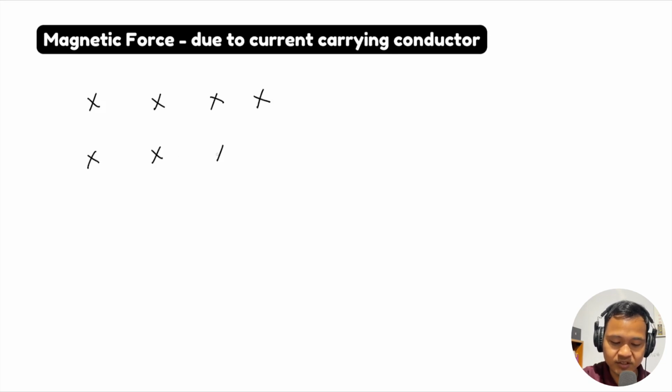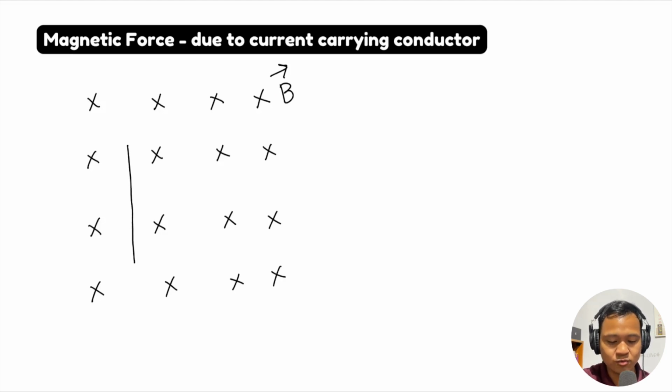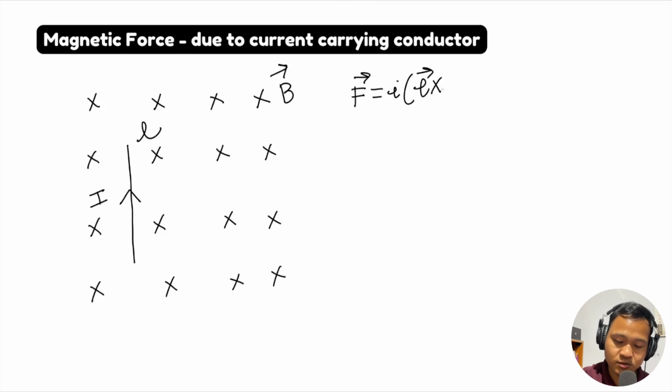Suppose there is a magnetic field here and a wire. When there is no current, nothing happens, but when current I starts flowing, with the wire of length L, the wire experiences a force. That force is given by F equals I into L cross B.